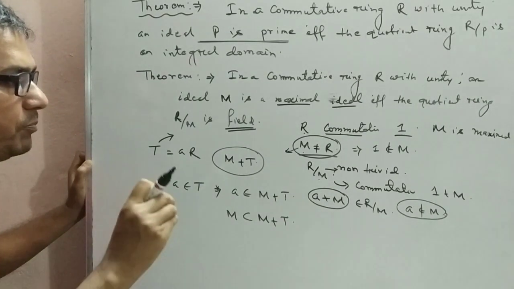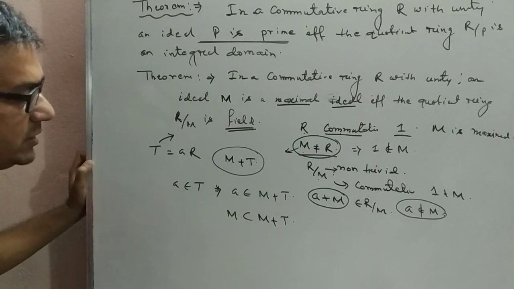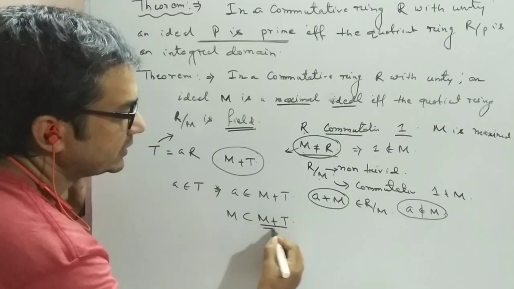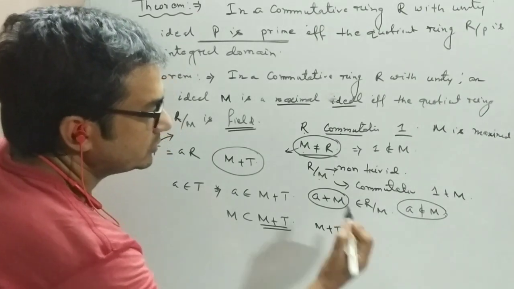Now, by the definition of maximal ideal, this must be equal to the ring.